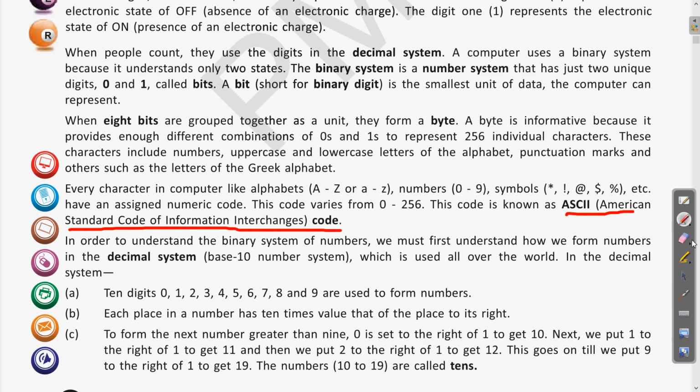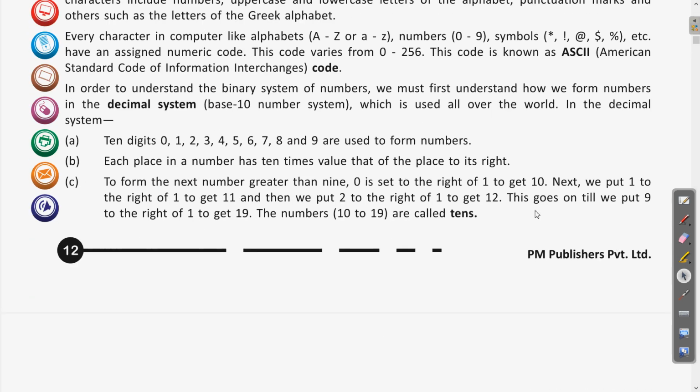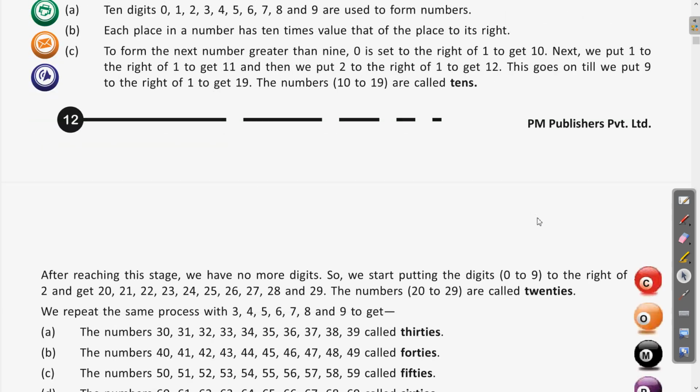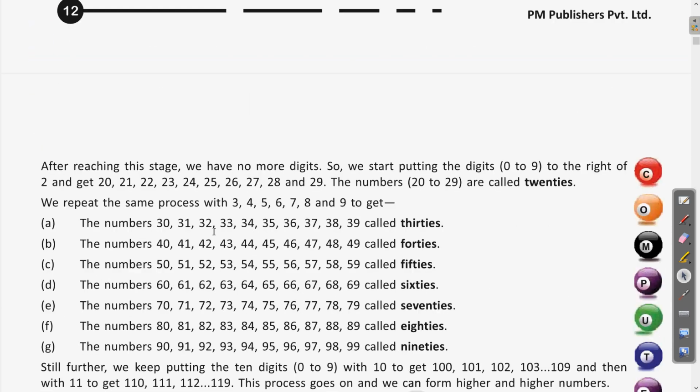After that we have seen what is the decimal number system, as we already use in mathematics, how we form the numbers, what is the place value and face value, and how the values of the numbers change. Clear? As we can see, in any 2-digit number, 3-digit number, whatever number you are writing in decimal, the left digit will be 10 times of that.